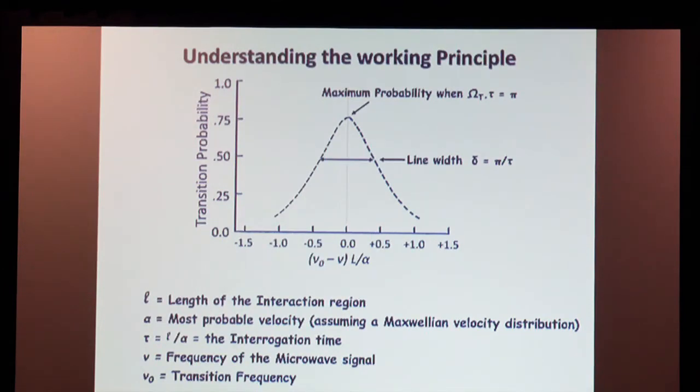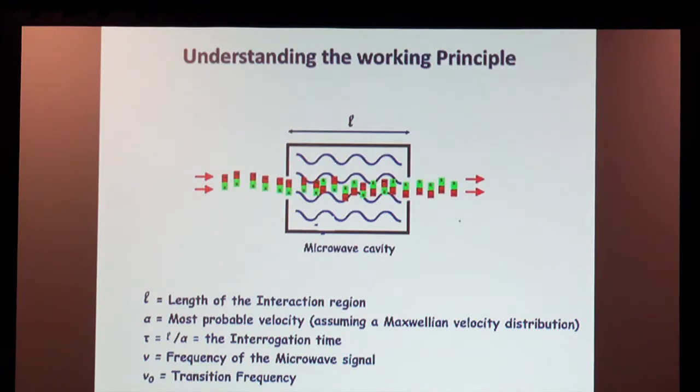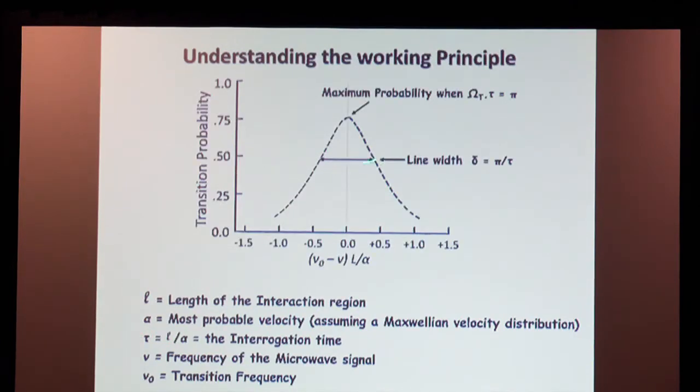So the line width is inversely proportional to how long the atoms spend in the microwaves. Now, it's clear that if you want a more precise clock, you have to increase the length, because then tau increases, and when tau increases, you get a narrower line, and hence the top of the peak is sharper, and you get a more precise clock.